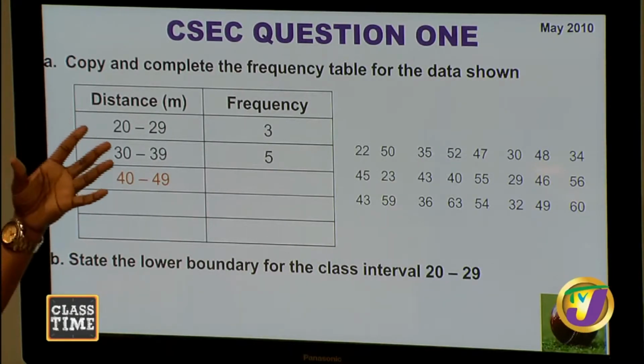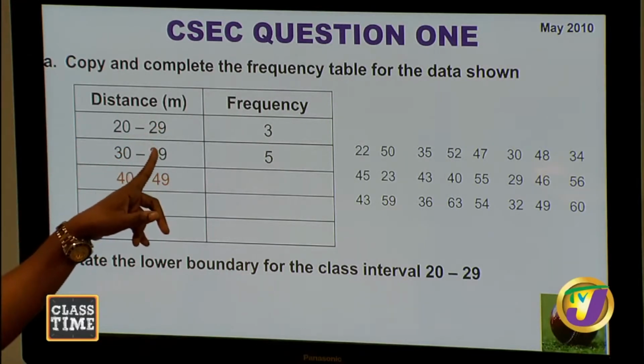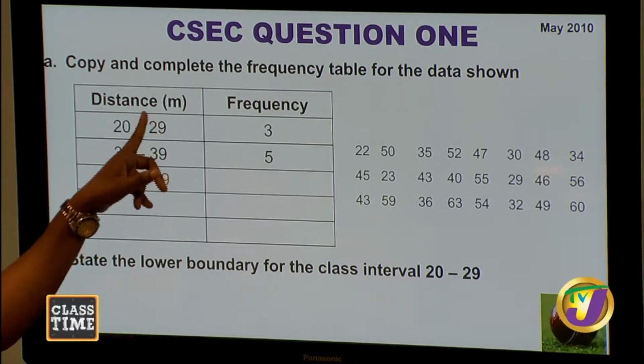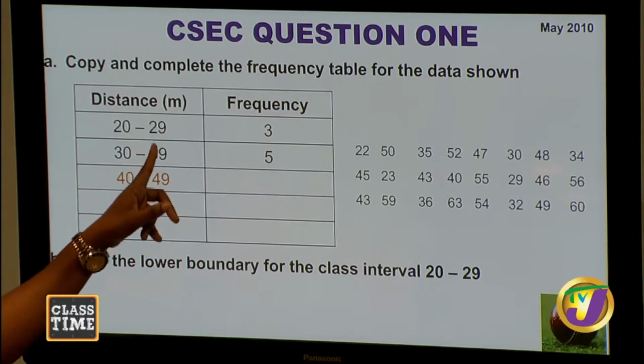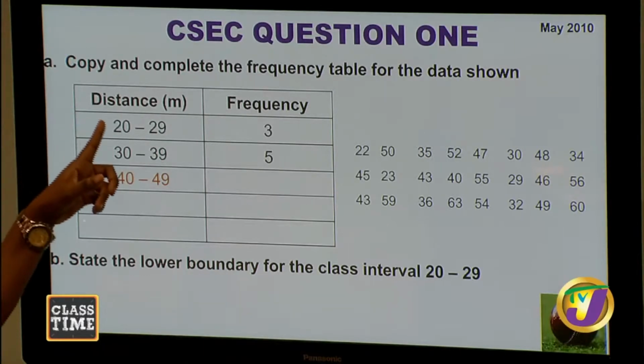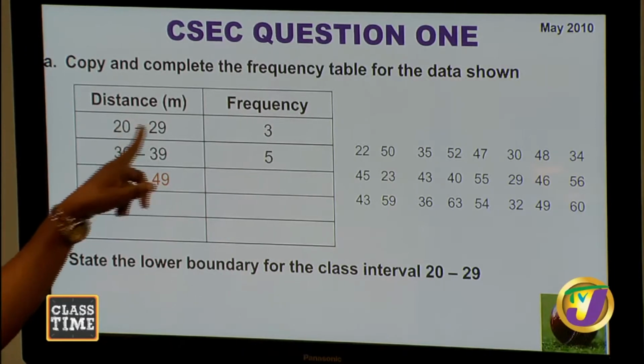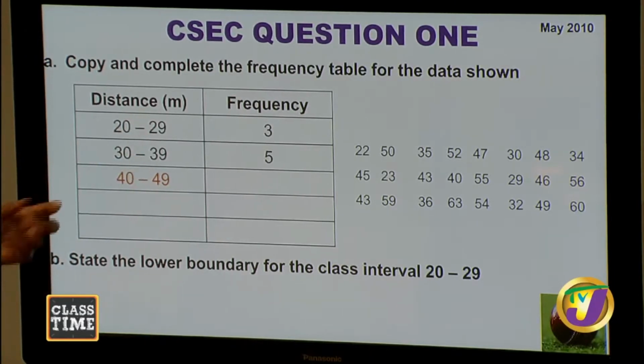And of course, the boundaries could be used as well. Right. So if I'm looking here, if I should subtract 29 from 39, that is giving me a class width of 10. Right. So I know that there should be 10 values accounted for in this class interval. Right. So I can use that as well to check.